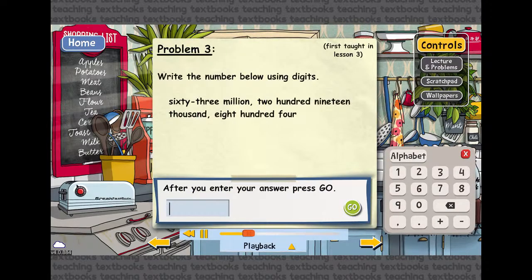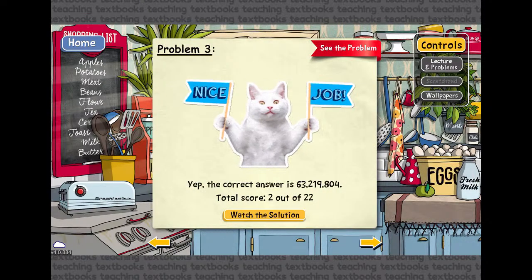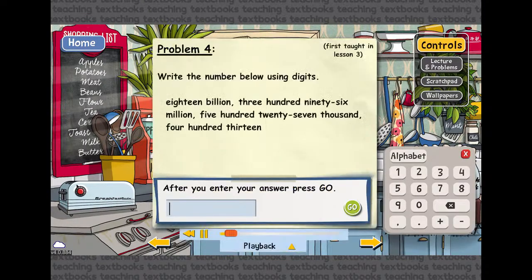Problem 3. Write this number using digits. 63,219,804. Bingo. Problem 4.